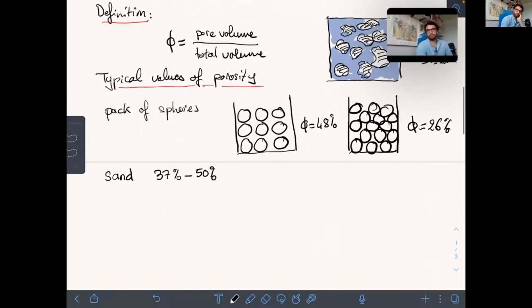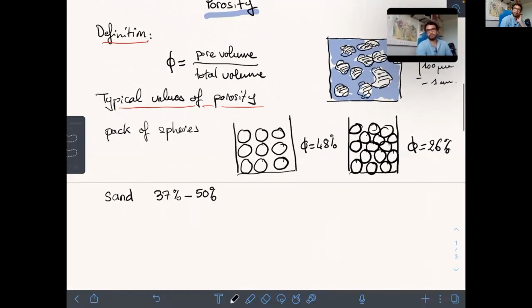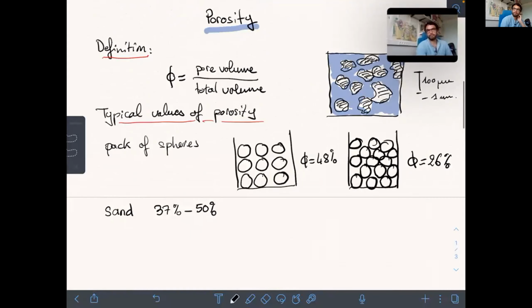Can you repeat the question? How can you measure porosity of a rock? Archimedes' principle, not quite. There is something simpler. Any other idea?